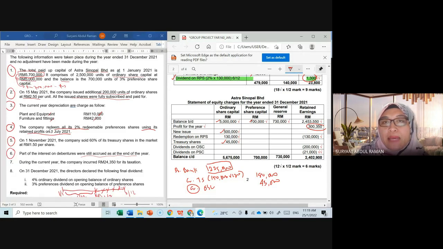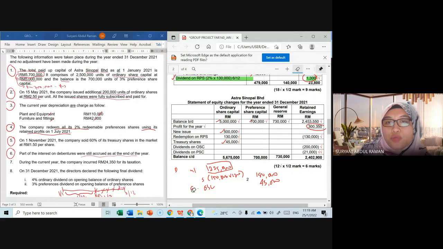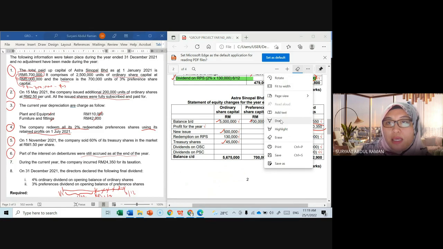Tapi dia mesti ada double entry, betul tak kelas? Ingat tak chapter 4? Redemption of redeemable preference share. Again, let us do the double entry together if you still can recall. Okay.